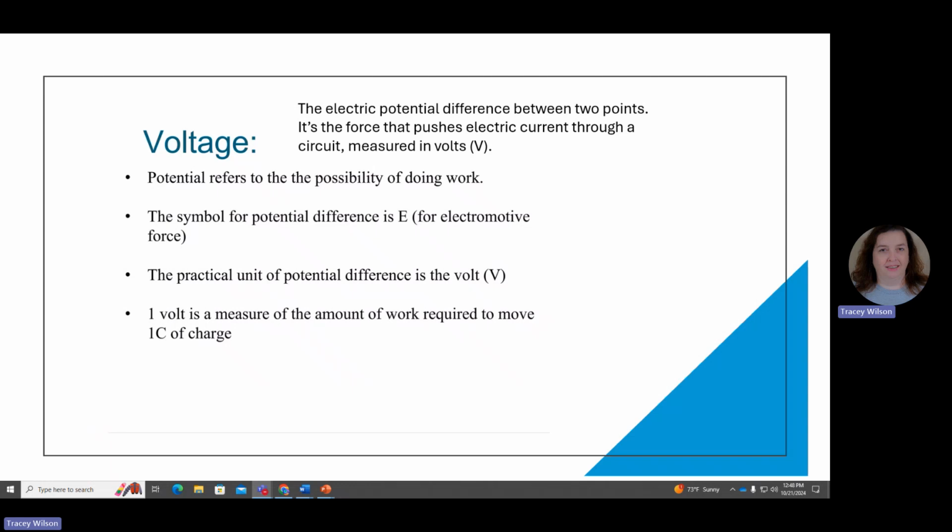So I want to start off with some basic definitions and talk about some basic information. Voltage is important. There's a lot of things, like you have a 5V port, you have a 9V battery. Well, the V is voltage.